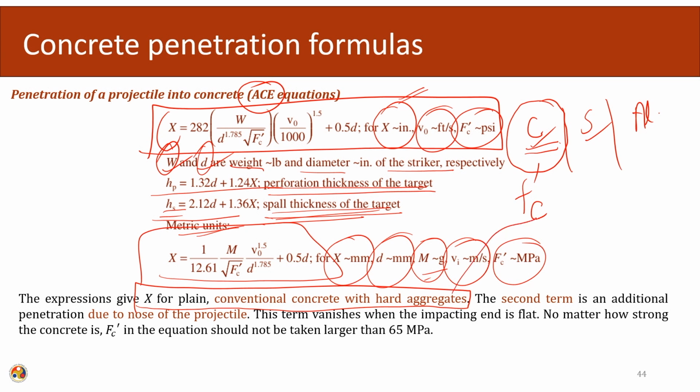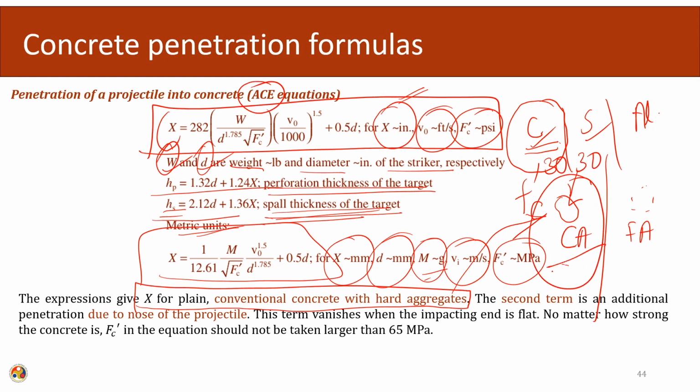Hard aggregate means that we have a sum total of coarse aggregates and fine aggregates. As per different codes, there is a limitation for the coarse aggregate. Let us say the impact value should be less than 30 and the crushing value should be less than 30. Depending upon the different codes, we classify this as hard aggregates. So this equation is for conventional concrete with hard aggregates.